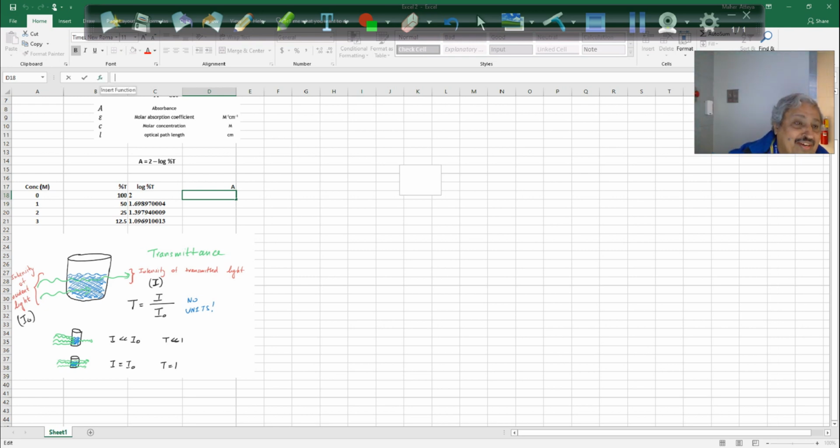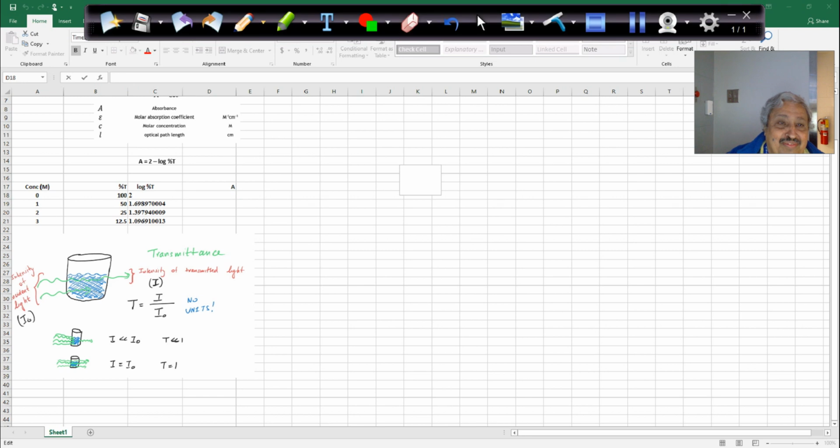I may have to repeat myself: all the time you will see me use this to enter a formula, this to type the formula, and this X to cancel it. If it's okay, it will take it. If it's not, it will tell me you have a problem. If I don't like the formula, I can delete it with the X.